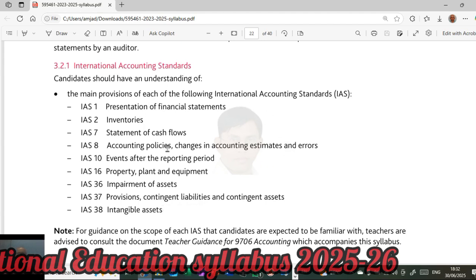Basically, you have to understand the deep concepts related to this and apply them. It is very important for A level students, and it is the stage where you're expected to be mature enough to understand how to apply accounting in real practical situations. It's a very challenging and very interesting topic. So be updated and keep learning.